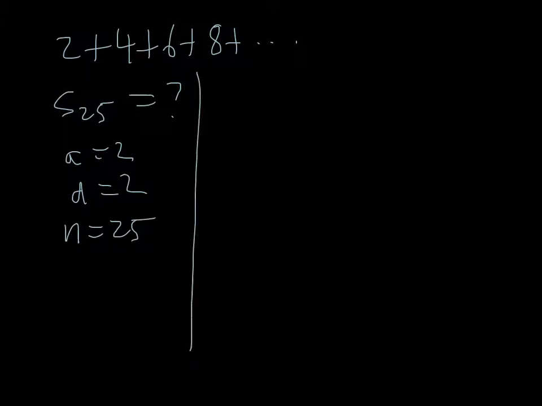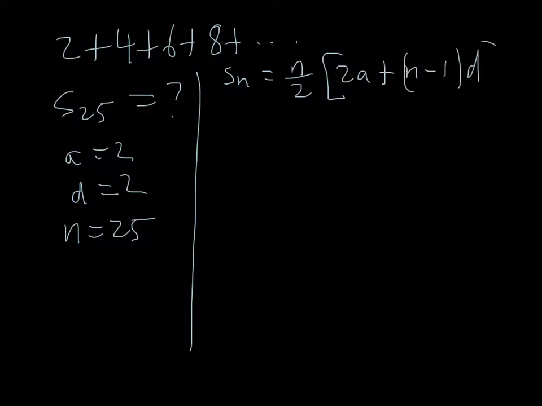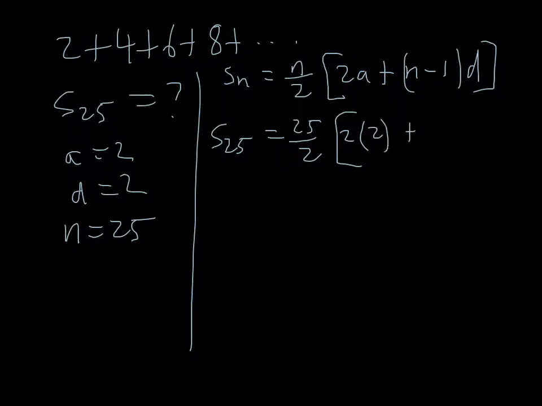Using the equation, we know that Sn equals n over 2 in brackets 2a plus (n minus 1)d. Now you have to know these equations off by heart. So S25 equals, the number of terms is 25 over 2, outside of the brackets, 2a is 2 times 2, plus this is 25 minus 1, and d is 2.